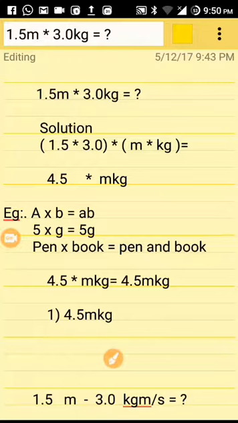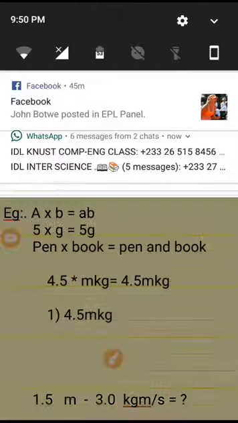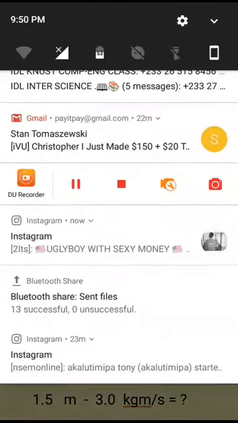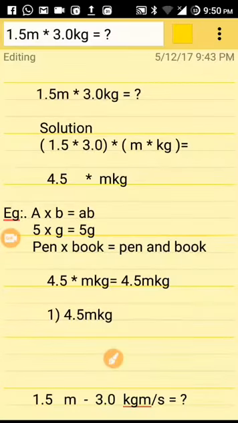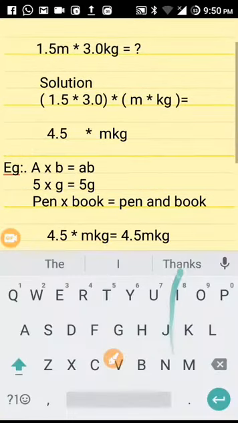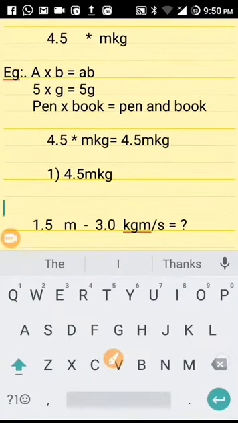I put 1.5 times 3.0 in one bracket with a multiplication sign, then the m times kg in another bracket with a multiplication sign.